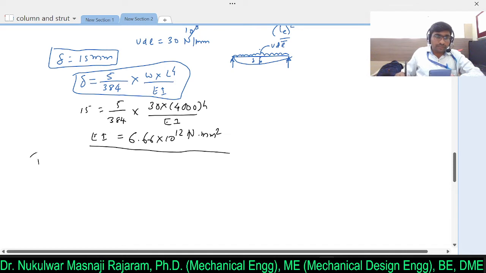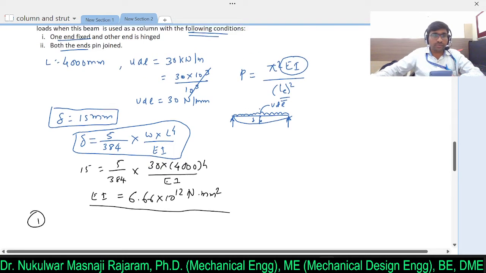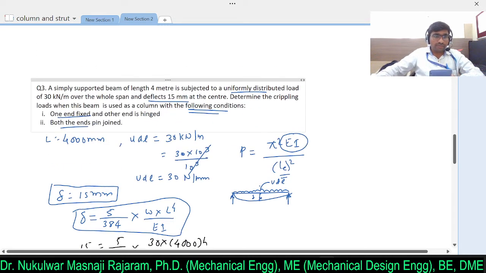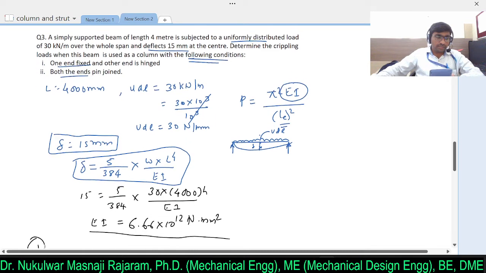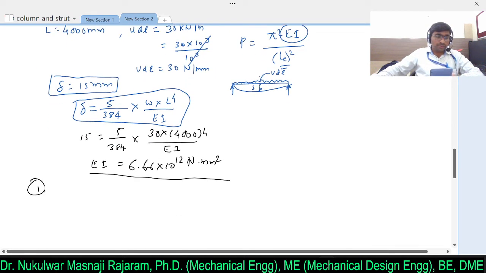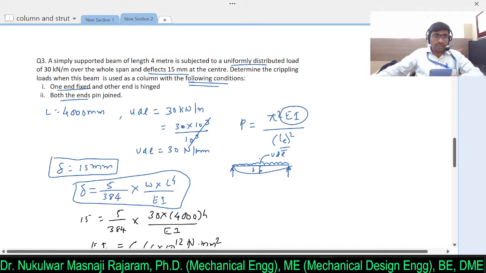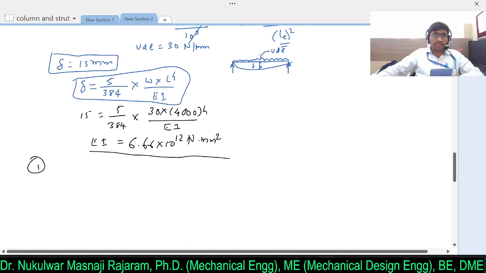Then first I will consider the first case. So what is given? Sorry, first one end is fixed and the other end is hinged. So for that purpose we must consider the case where one end is fixed and the other end is hinged.